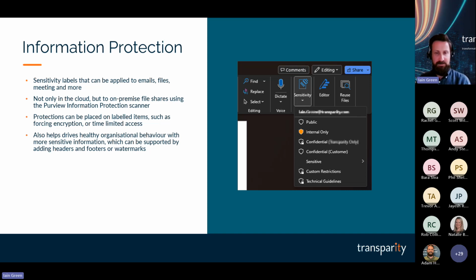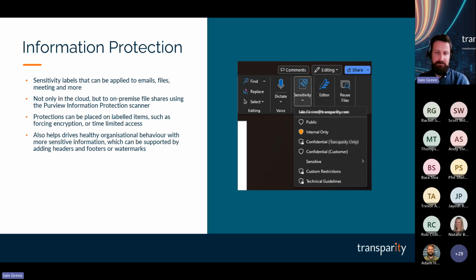Some of these restrictions may be file level encryption, or a restriction where users have to re-authenticate to access that file, say, every 7 days, which may sound slightly odd in isolation, but if you take the example of a confidential information document that is copied off to a drive by a departing user, and then they put that on the home machine, because they've been marked as a user no longer in your organization, their account is no longer valid. Therefore, when they try and access it, they're not able to authenticate, so the document essentially is useless.